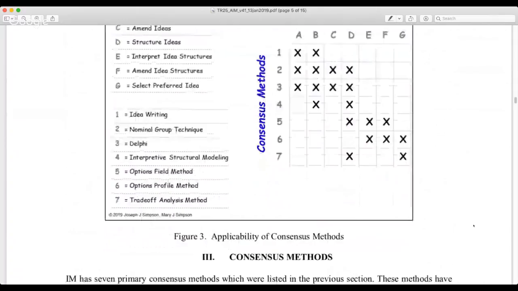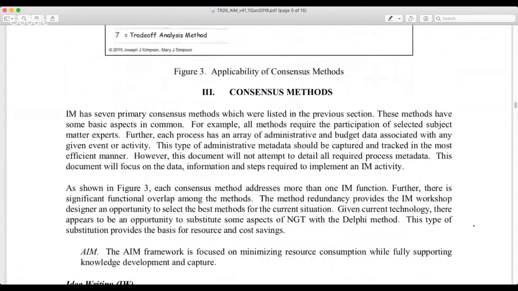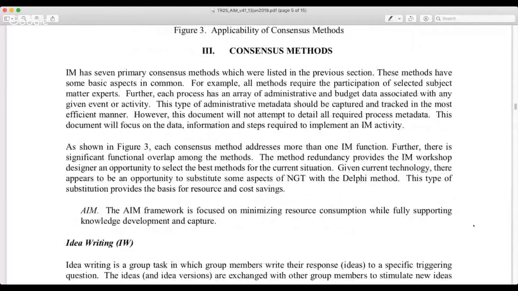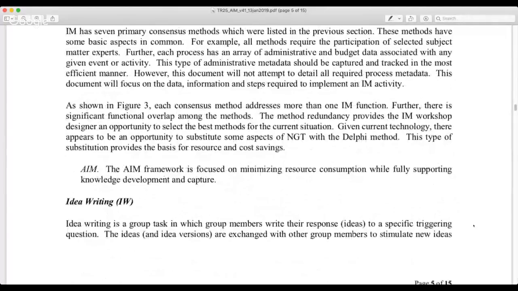Of course, these are all the consensus methods associated with IM. And so we go through and we talk about what the IM does. And then we talk about specifically what we're going to do to augment that interactive management process.